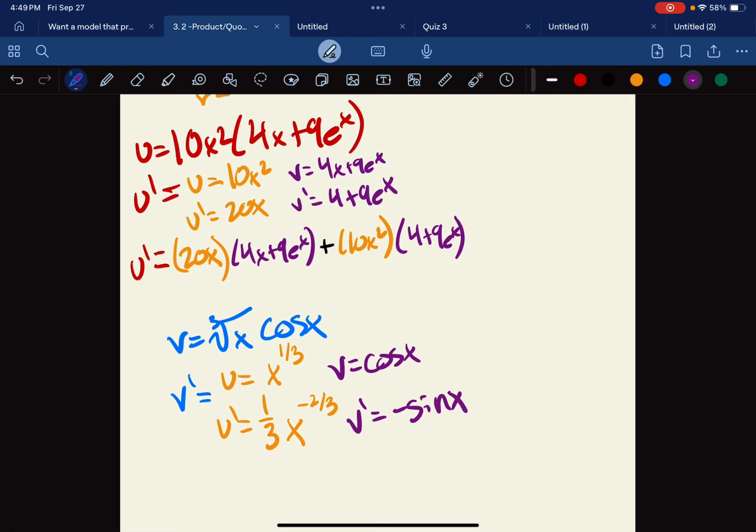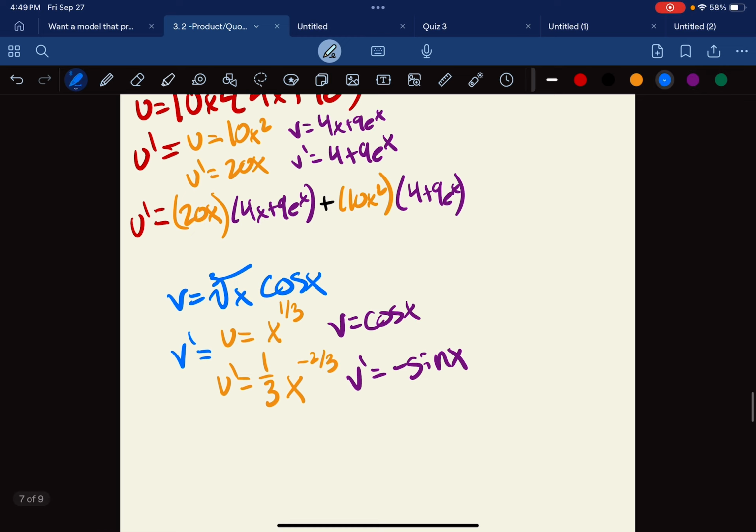negative sine of x, and this is a trigonometric derivative that you need to unfortunately just memorize. But then we go to put it all together, and we kind of go across with the product rule, right? So that's negative sine of x times x to the 1/3 plus 1/3, or sorry, we can bring this x down in the denominator, right?